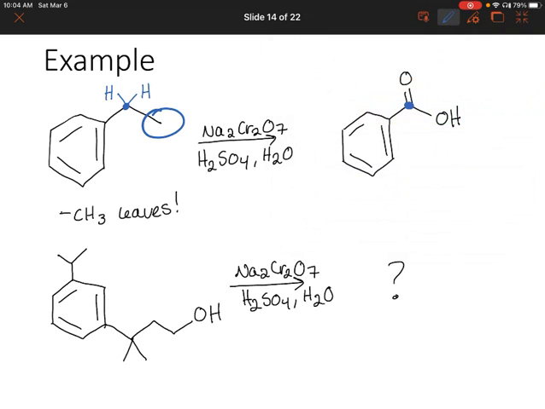Okay, so let's find our benzylic positions. So on the isopropyl group, that first carbon is our benzylic position. And how many protons does it have? Just one. And let's see, we also have a benzylic position down below. And how many protons does that carbon have? 0.